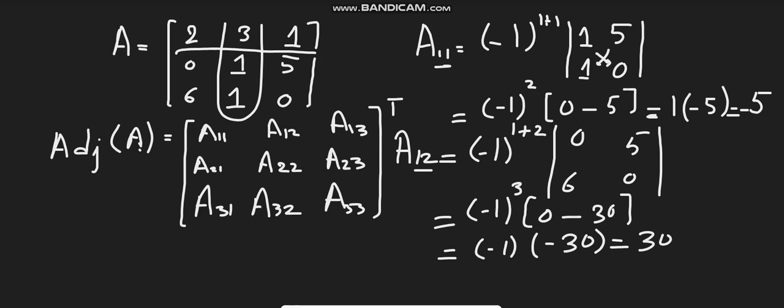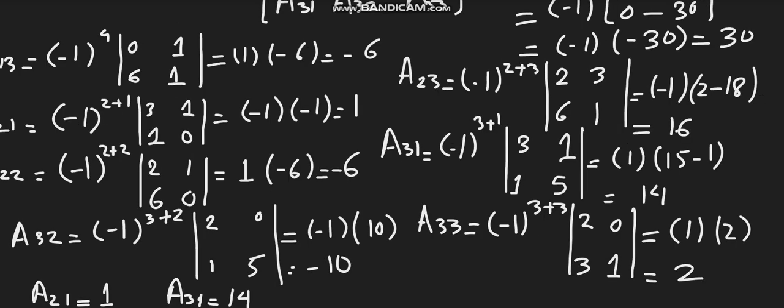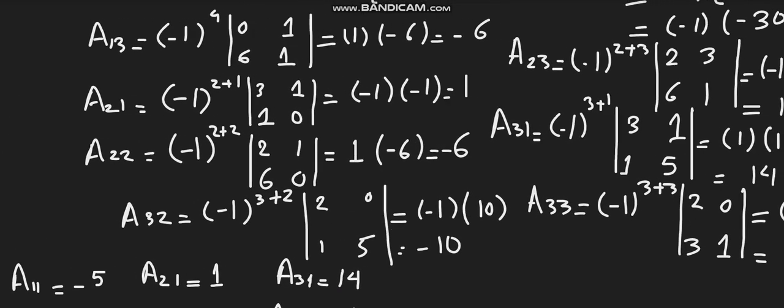By doing the same procedure, you can find all the values like A11, A12, A13. Here it can be seen that I have determined all the values of A11, A12, A13, and similarly A21, A22, A23, and then A31, A32, and finally A33.